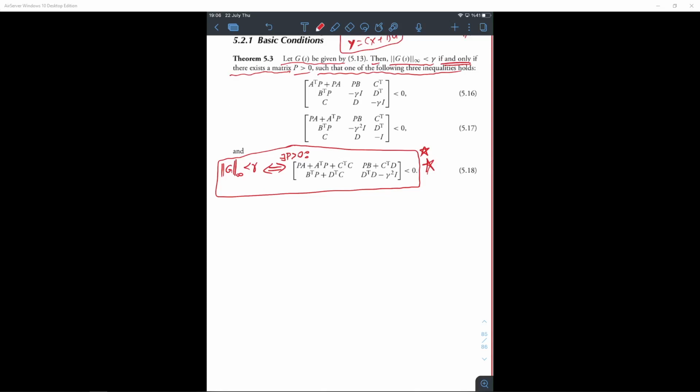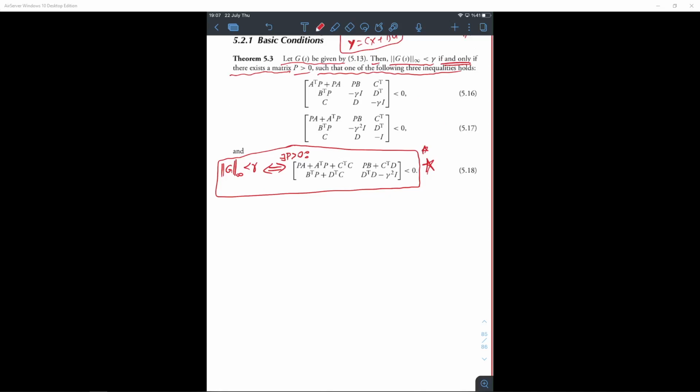First, I'd like to say this inequality and this inequality, and also this inequality and this inequality are equivalent, and proving that they are equivalent is a matter of linear algebraic manipulation, so I'm going to skip that part.